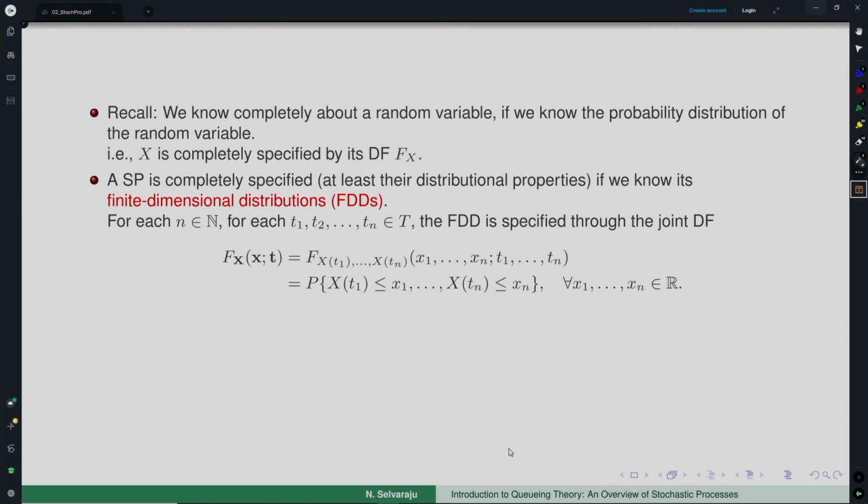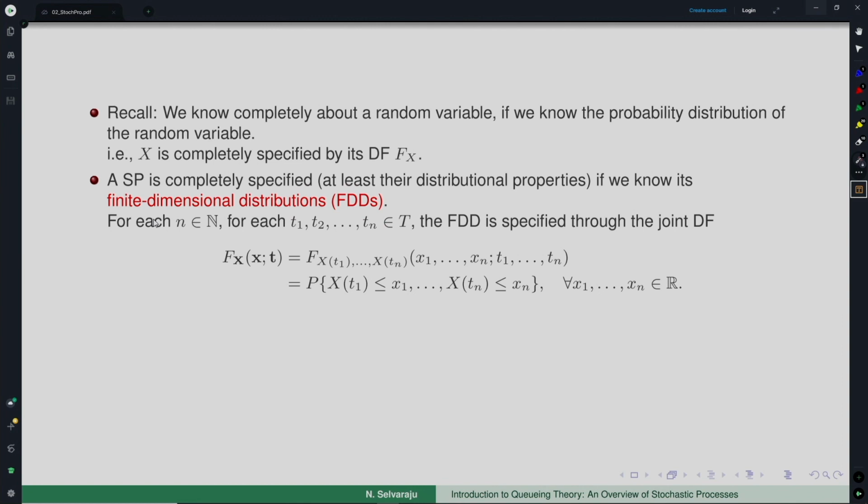In a similar way, at least for the distributional properties, not the sample path properties, because that is something you will not be able to do completely, as far as the distributional properties of a stochastic process are concerned, they can all be answered if you know what are called finite dimensional distributions.